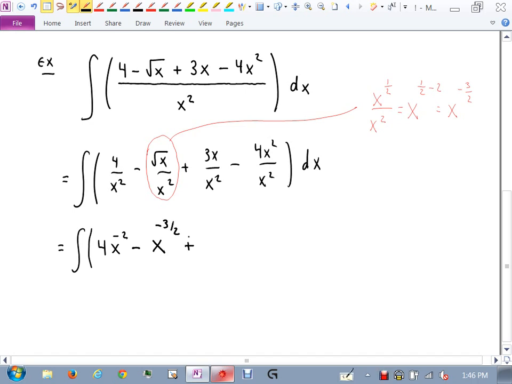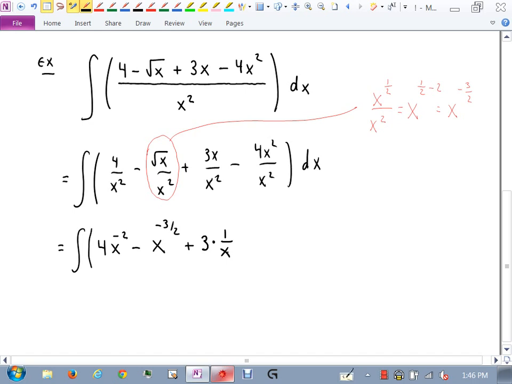What about this next one? 3x over x squared becomes what? 3x to the negative 1, right? But wasn't the negative 1 that special case? Wasn't it? So I'm actually going to leave this as 3 times 1 over x, because I'm thinking ahead that I already know that 1 over x is the special one that gives me natural log, isn't it, when I take the antiderivative?